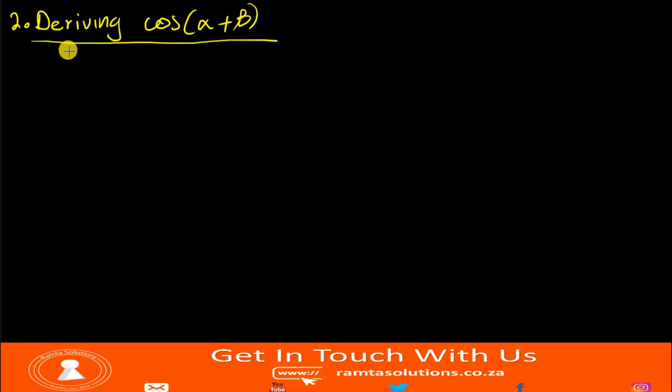Now here we are deriving cos alpha plus beta. Now with this one, we're continuing with what we had in the first derivation. So we will say, given cos alpha minus beta equals, I think we said it was cos alpha, cos beta.